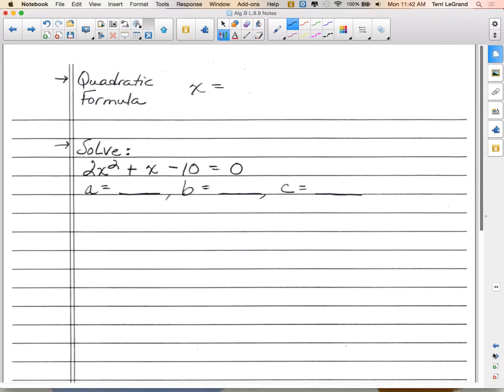Okay, go ahead and write the quadratic formula. You got it memorized already, right? Go ahead, write that quadratic formula at the top of your paper there. I started it for you. X equals, up in the white space, write the quadratic formula. See if you can do it from memory yet.